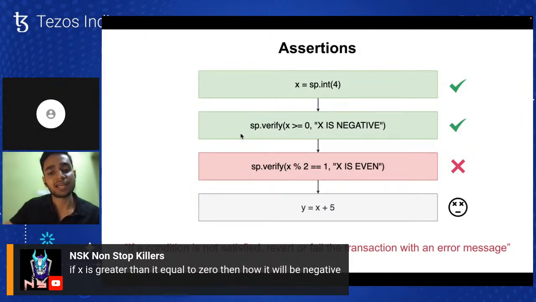Think of it like this: if this is true, then you go ahead, else you take this message and you put it further, because if this condition is not true, that means x is negative, right? Think of this as a contradiction check. If this is not true, then x is negative, right? That would make sense. It's a bit tricky to understand at first glance, but as you keep using it, you will get a hang of it.